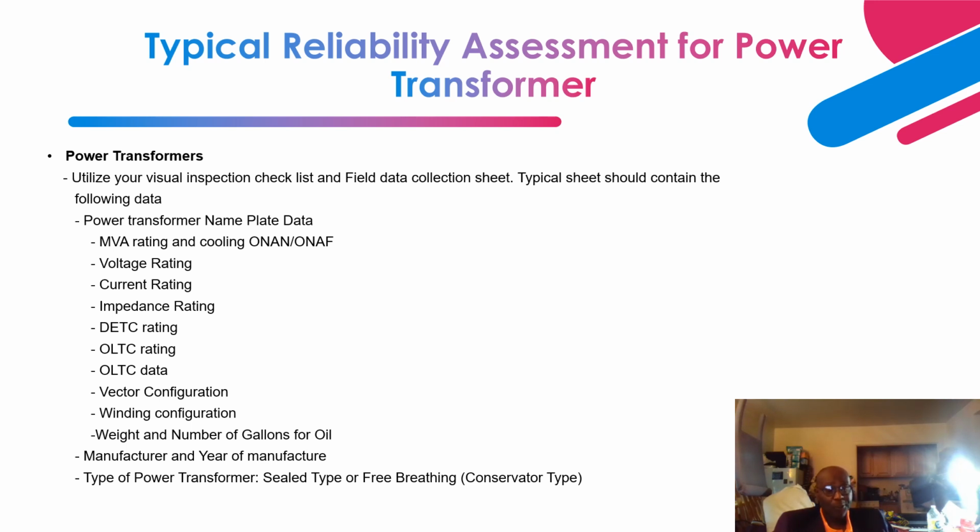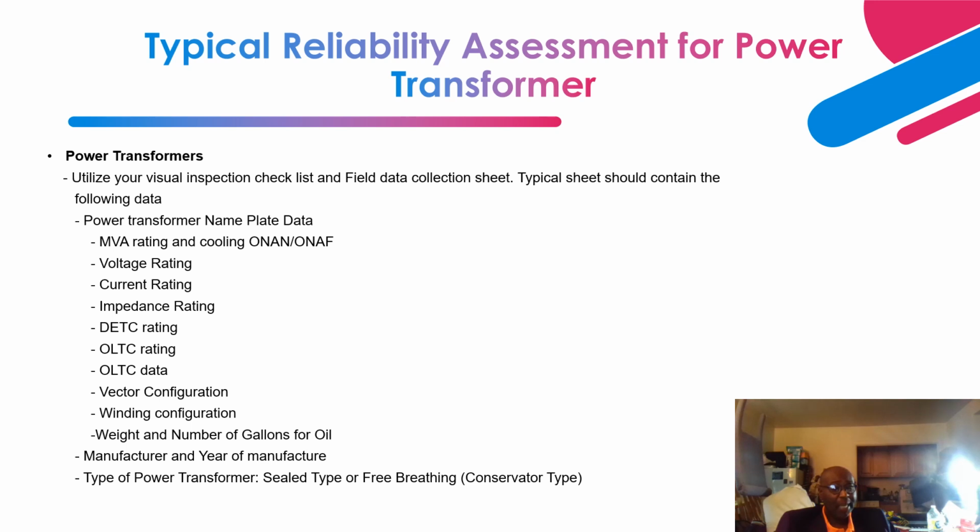The manufacturer also helps you take a deeper dive, benchmarking against the industry to see if there's any problem with that transformer, such as number of failures, and to find out if this manufacturer or this type of transformer is subject to a lot of failures.